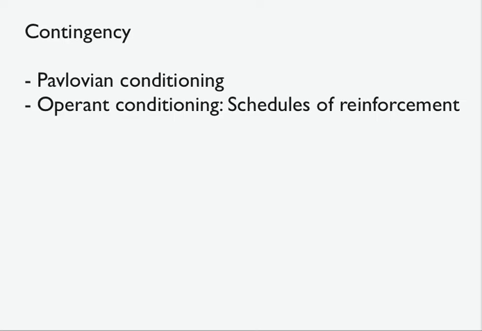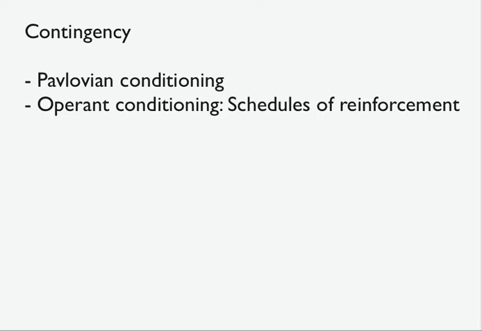Now, if you think of it, there's virtually an infinite number of ways in which you could arrange instrumental reinforcement for an organism. But to keep things manageable, we consider the different variables upon which reinforcement could be dependent.